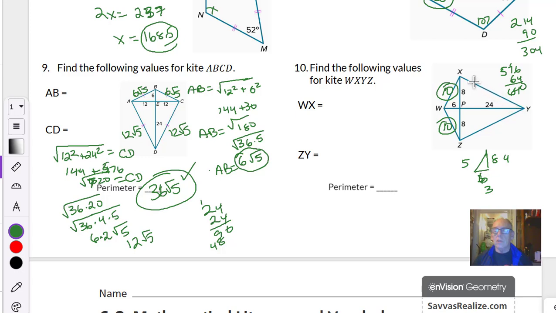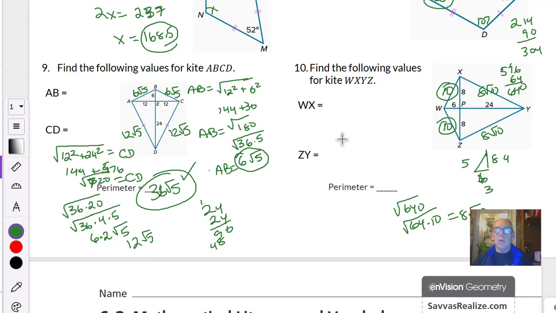So this is the square root of 640. That's 64 times 10. That's the best we could do. 64 times 10 simplifies to 8 square root of 10. This is 8 square root of 10 and 8 square root of 10.